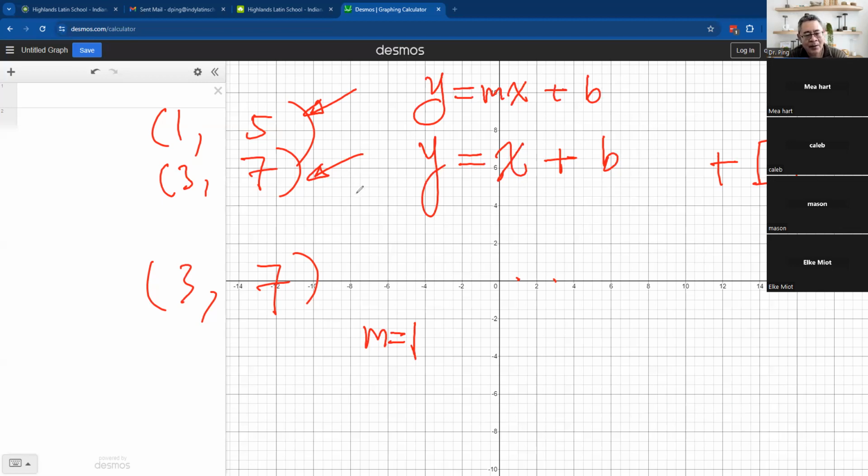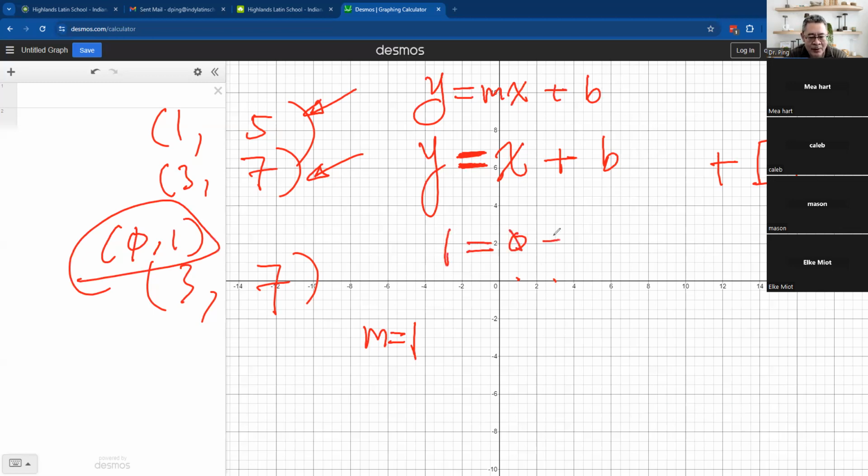That means if we plug them in, the equation is true, so both sides should be equal. For example, (0, 1) is not on this line. If you plug in 0, this side is 0, the y is 1, but this side is something else.